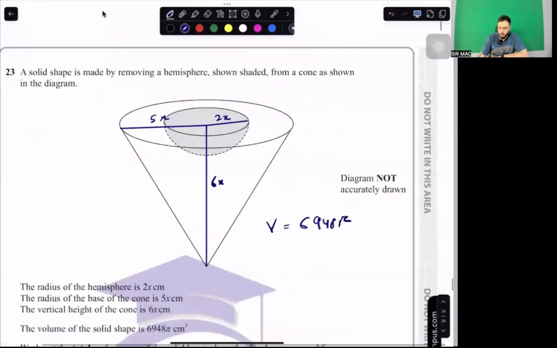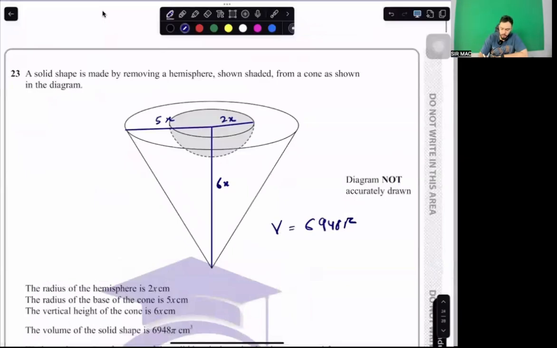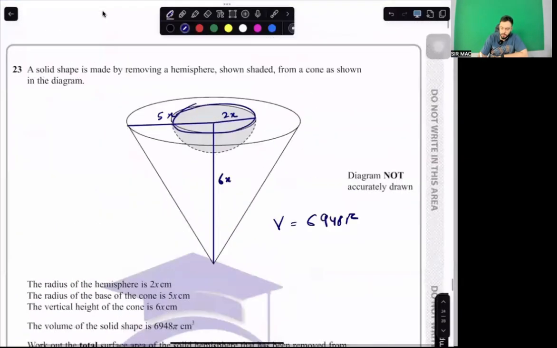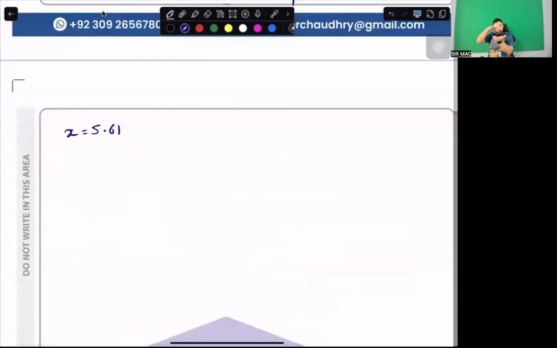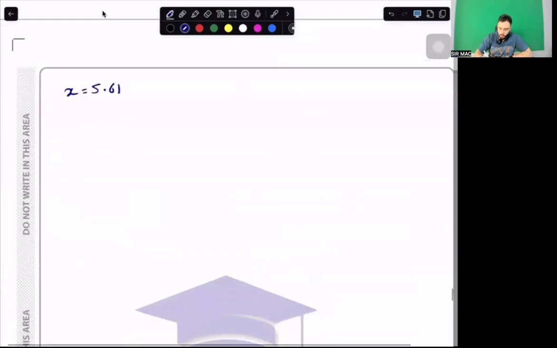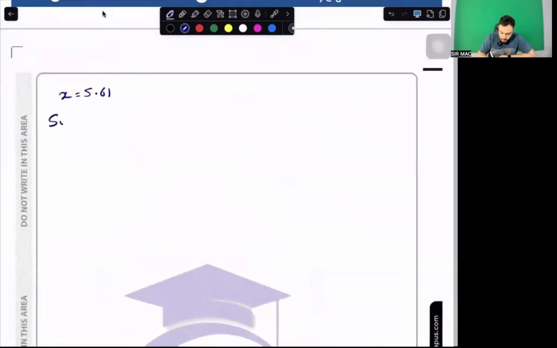From here it's again very easy. Since you need the faces of the hemisphere, if you look at the solid hemisphere, there's a pi r squared, and then there is this value. So the surface area of the hemisphere is divided into two parts. First is pi r squared, that's the top of the bowl, and the second one is this side.